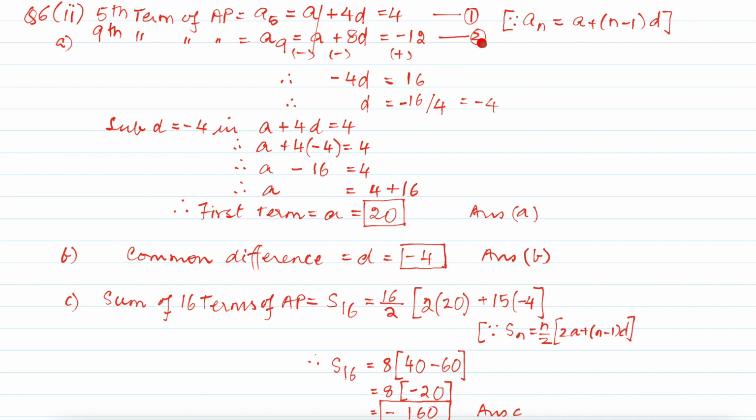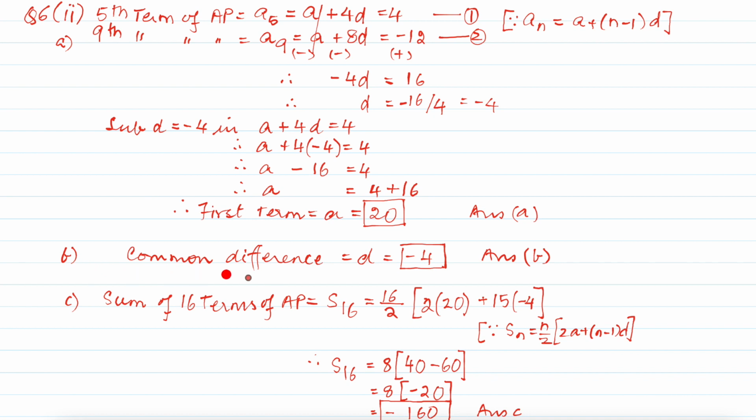We call this equation 1, equation 2, and then we'll eliminate A to get the value of D, which is minus 4. Substitute this value in any one of the equations, which will give us A as 20. So our first answer is A equal to 20, that is the first term.